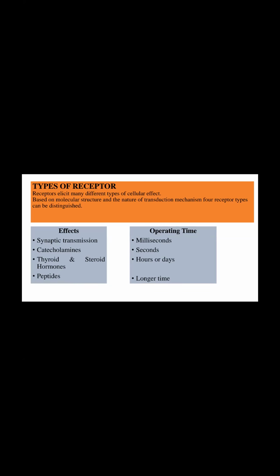After the route has been decided, once the drug goes to that cell, how much time it will take once it comes in contact with the receptors. So for any drugs related to thyroid or steroid hormones, we can expect the drug affinity, meaning the pace at which the drug will work, to be hours to days.